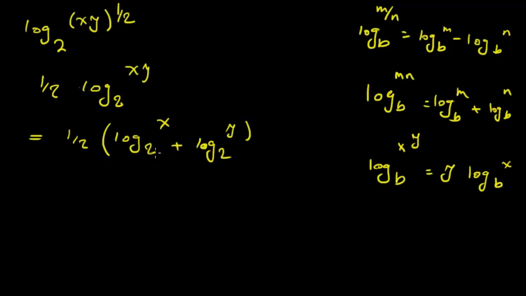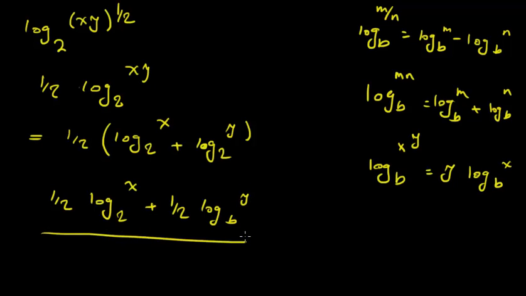Now we can distribute this one to the whole parentheses, and then we'll have 1/2 log 2 of x plus 1/2 log 2 of y. Now this is the simplified form of log 2 of xy raised to 1/2.